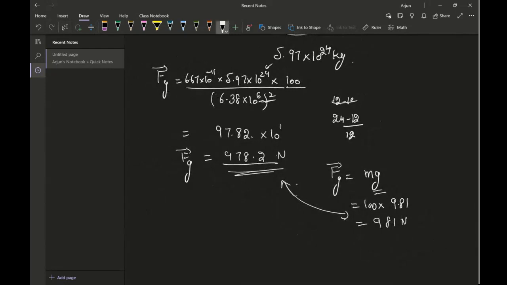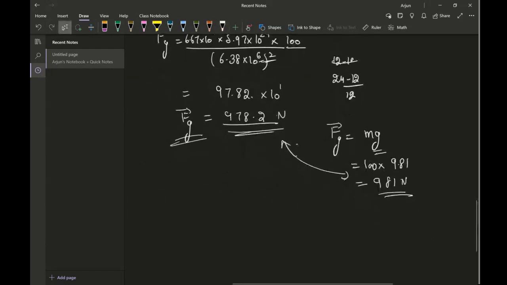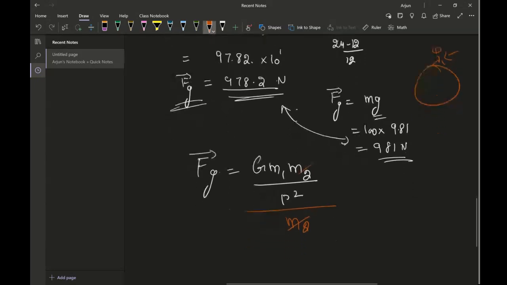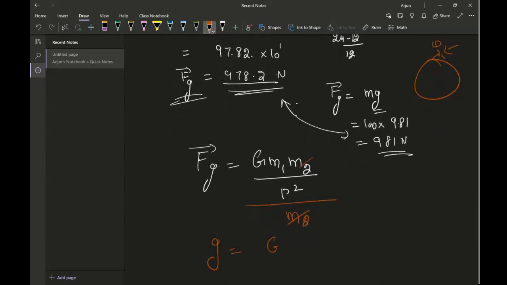So this g value we can calculate from the formula of force due to gravity, Fg, which was G m1 m2 divided by r squared. If I divide this by the mass of the human who is standing on the Earth, by mass 2, that's going to give me the gravitational pull: G m1 divided by r squared.